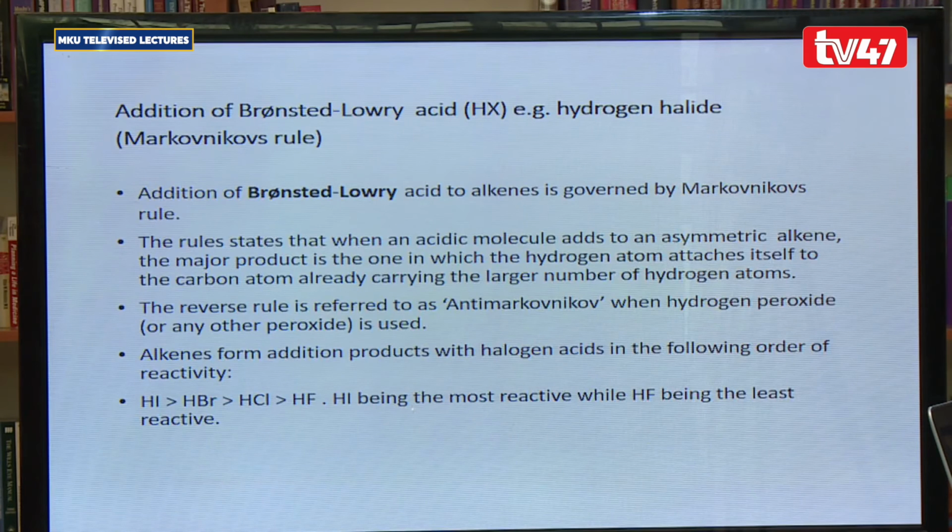And the rule states that when an acidic molecule adds to an asymmetric alkene, that is an alkene wherein the carbons bearing the double bond differ in the number of hydrogens (if they were the same, then it would be symmetric), the major product is the one in which the hydrogen atom attaches itself to the carbon atom already carrying the larger number of hydrogens.